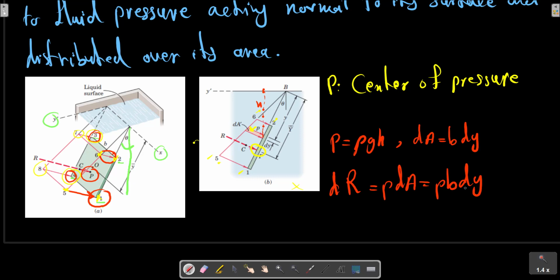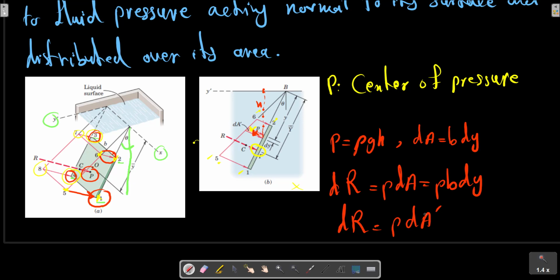But p dy is merely the shaded increment of trapezoidal area dA prime, so that dR equals p b dA prime.